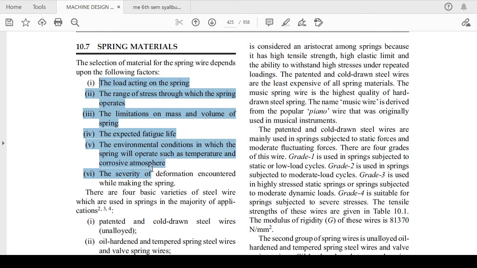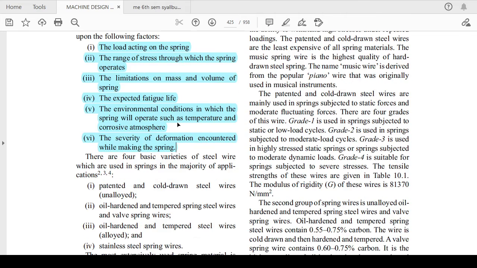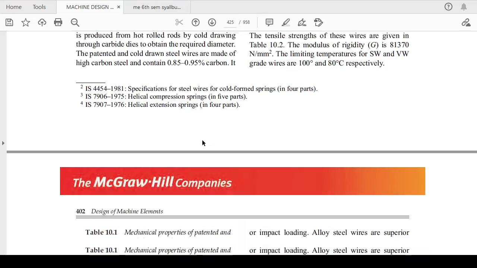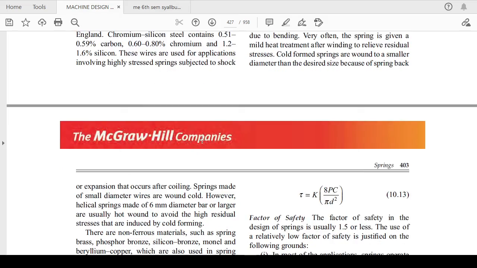So these are the factors which you have to see whenever you are selecting the spring material or the spring wire, which is important for the coiling of these springs. There are various applications, and a few other materials are also suggested for various applications. You can go through it.